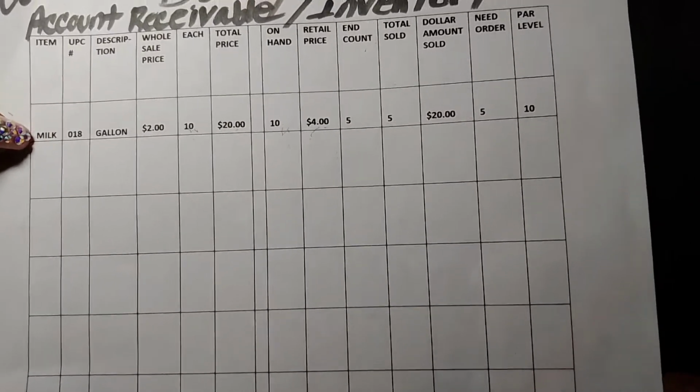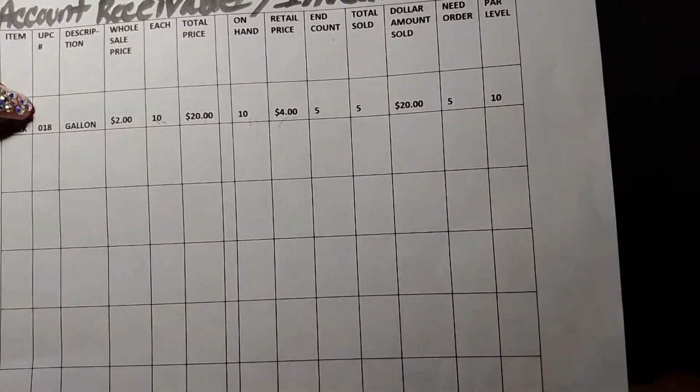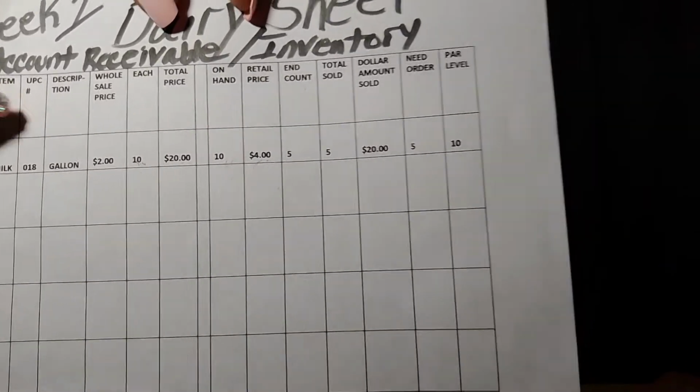And that first item will be milk. That's what you're going to write in item, milk. This is how it would look. You would have milk in the first column, and then in the next column you will have a UPC number.